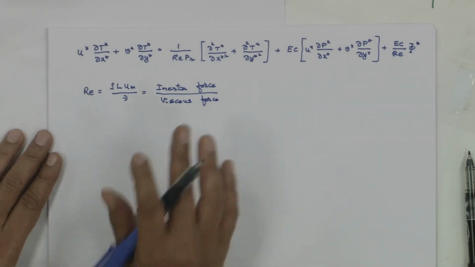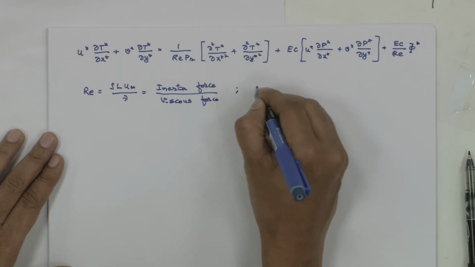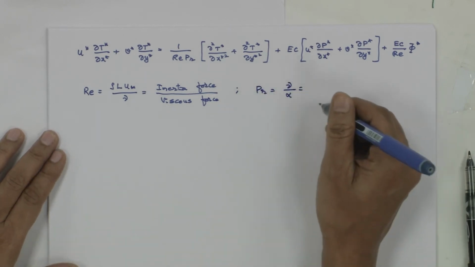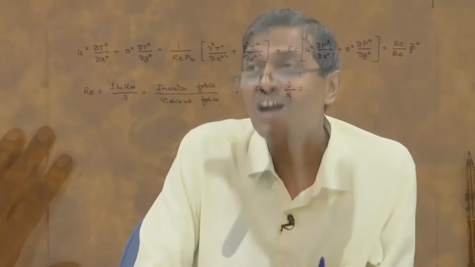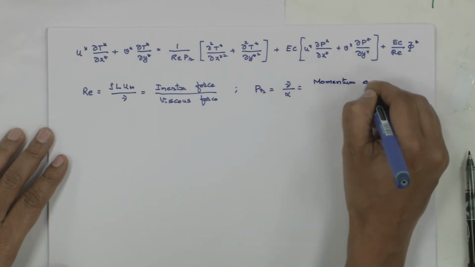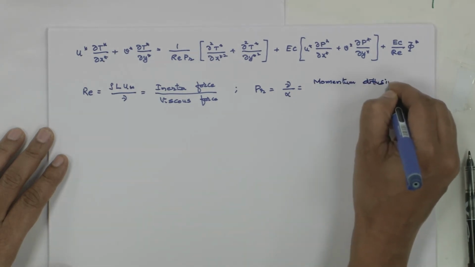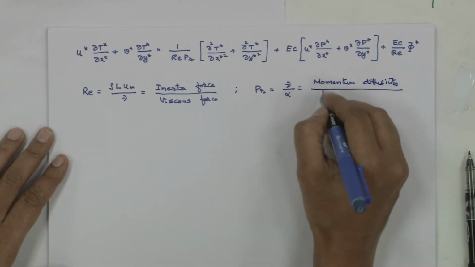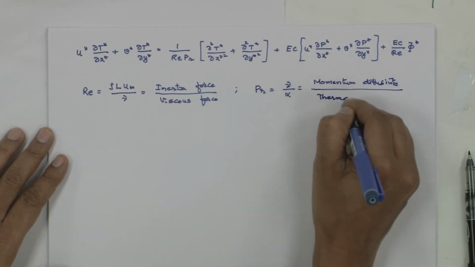And what is Pr? Pr equal to nu by alpha. What is nu? I would not like to write here kinematic viscosity. I would like to write this as momentum diffusivity. Alpha is K by rho Cp, that is thermal diffusivity.